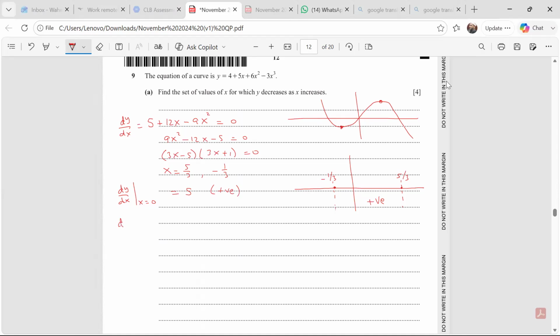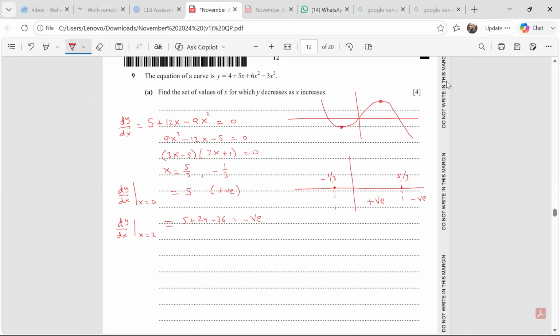In the same way, dy/dx when x equals 2 is 5 plus 12 times 2, which is 24, minus 9 times 2 squared, which is 36. So this is 29 minus 36, which is a negative number. It means in this range, the derivative is negative.